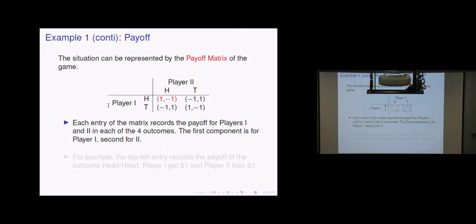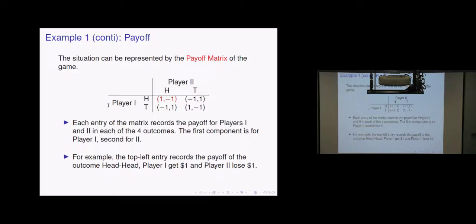Okay, so let's look at the example. In matching pennies, take the top left entry, for example. This entry stands for player 1 played H and player 2 also played H, so you have this matching situation, HH. Now player 1, in this case, will win, so he will get $1.